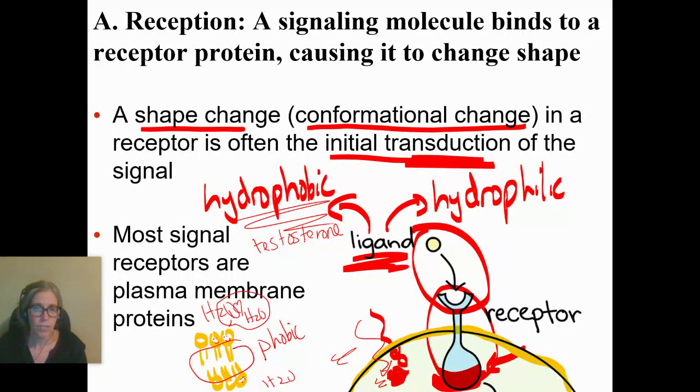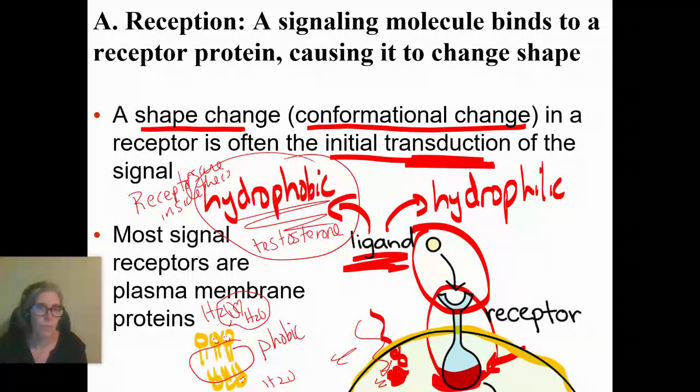So the receptor for testosterone would not be on the surface like it is here. The receptors for the hydrophobic ligands are going to be inside. They're either inside the cell or even further inside the cell in the nucleus. So receptors are inside the cell. Whereas a hydrophilic, water-soluble ligand wouldn't be going through the lipid bilayer, right?